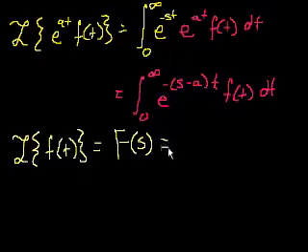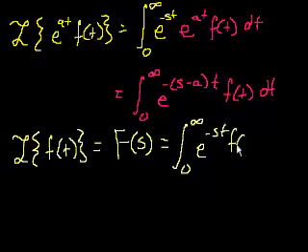The Laplace transform of just f of t is equal to the integral from 0 to infinity of e to the minus st f of t dt, which is some function of s, right? Well, the Laplace transform of e to the at times f of t equals this. And what's the difference between the two?